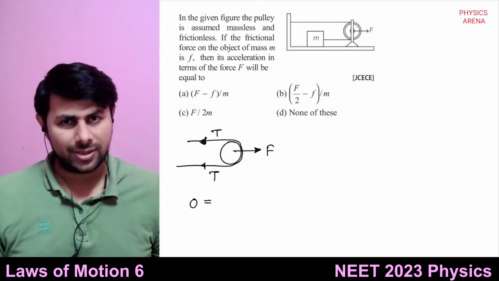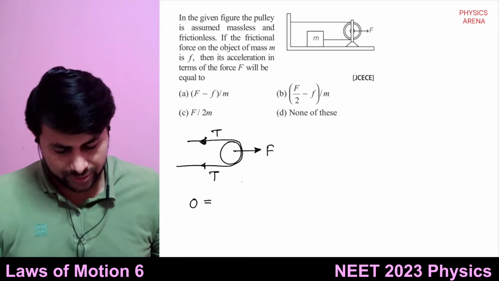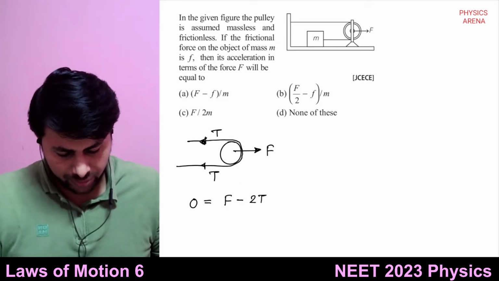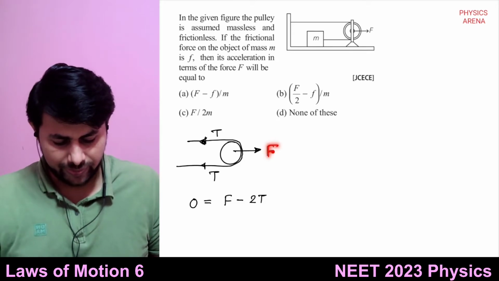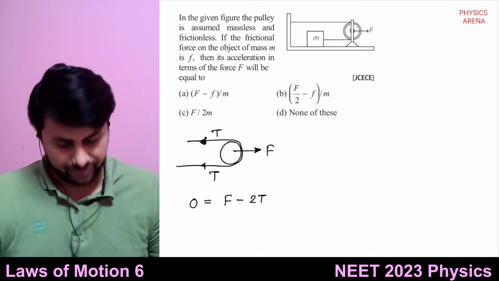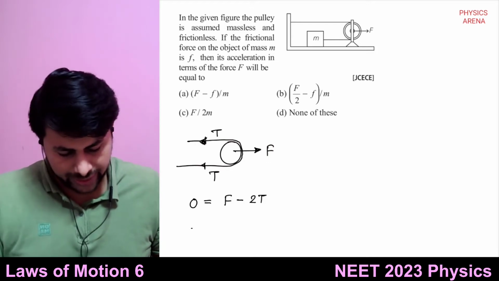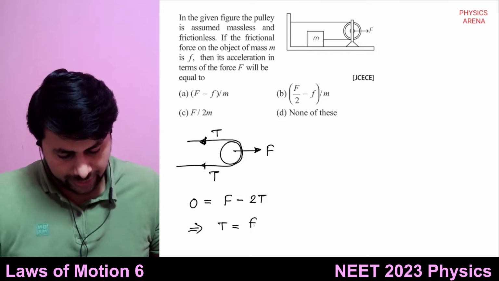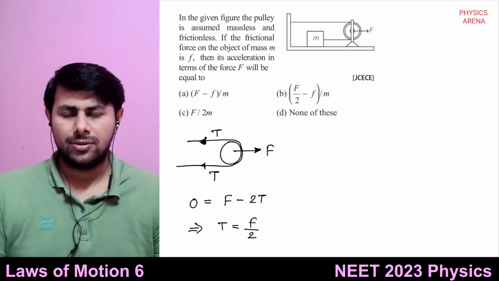The net force is 0 because mass is 0. So it is equal to F minus 2T, and therefore you get 2T equals F, or T equals F by 2. You got this?